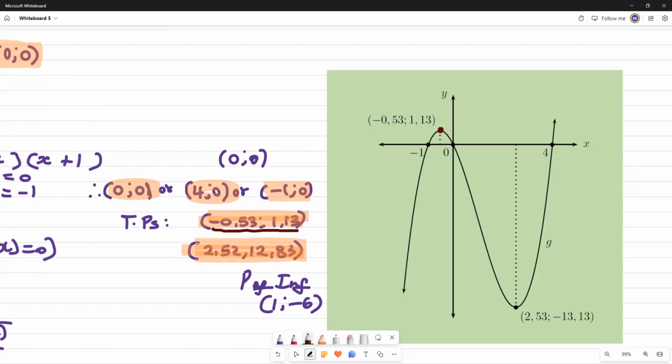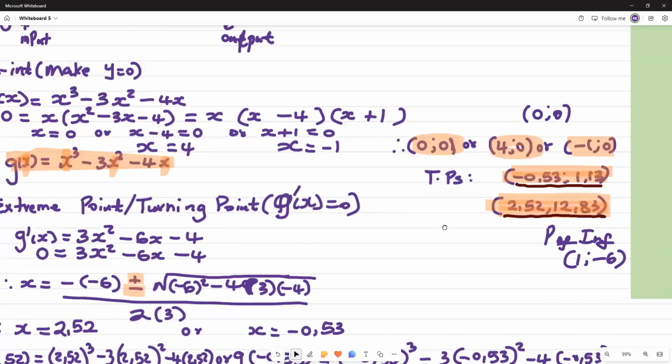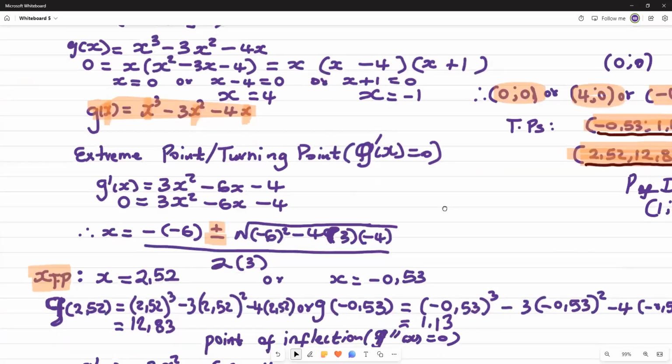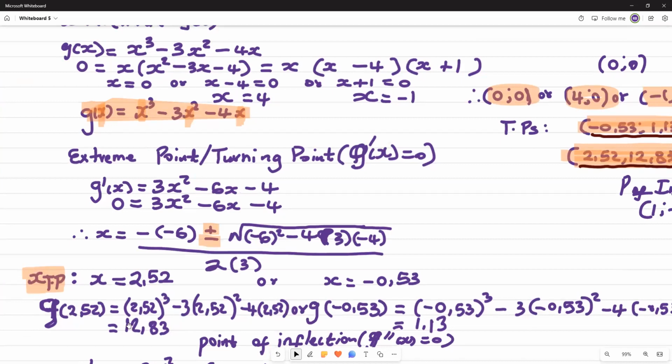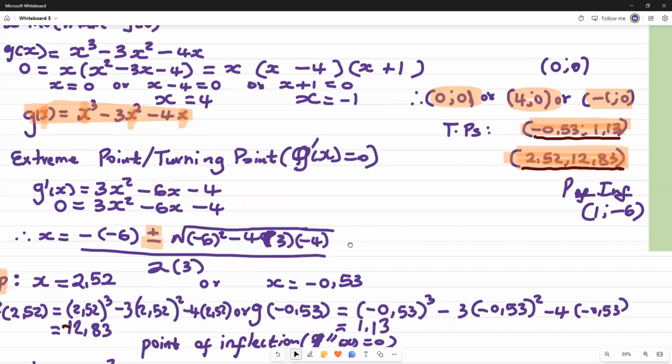And then the second turning point, which is this, is there. But now I'm getting negative 13.13. Why? Let's go check here. Did I make a mistake here? Yeah, this must be negative 12.83. So I think they are the ones who made a mistake of rounding off. So we should be fine there.